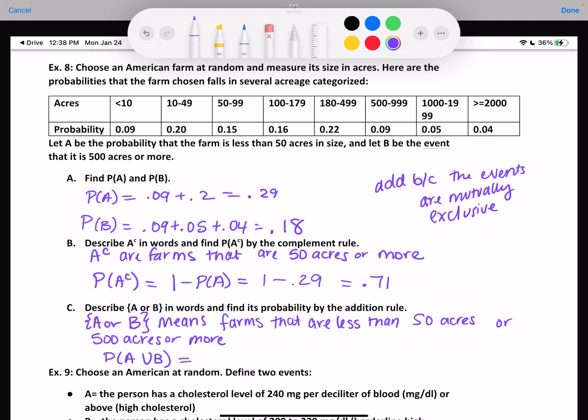I understand it's an upside down U, but what does it mean? Intersection. It's and. So this is the probability of A plus the probability of B, which is 0.29 plus 0.18, and that's equal to 0.47.